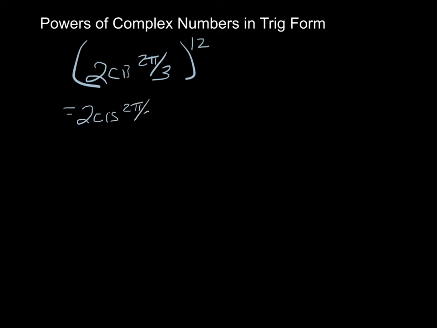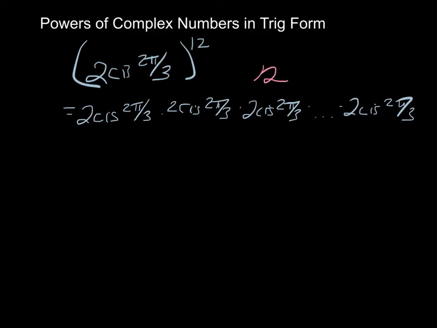Okay, now for powers. Let's say we have 2 cis 2 pi over 3, and we'd like to raise that number to the 12th power. Well, that would be 2 cis 2 pi over 3 times 2 cis 2 pi over 3 times 2 cis 2 pi over 3, and we would keep multiplying until we had 12 terms here.